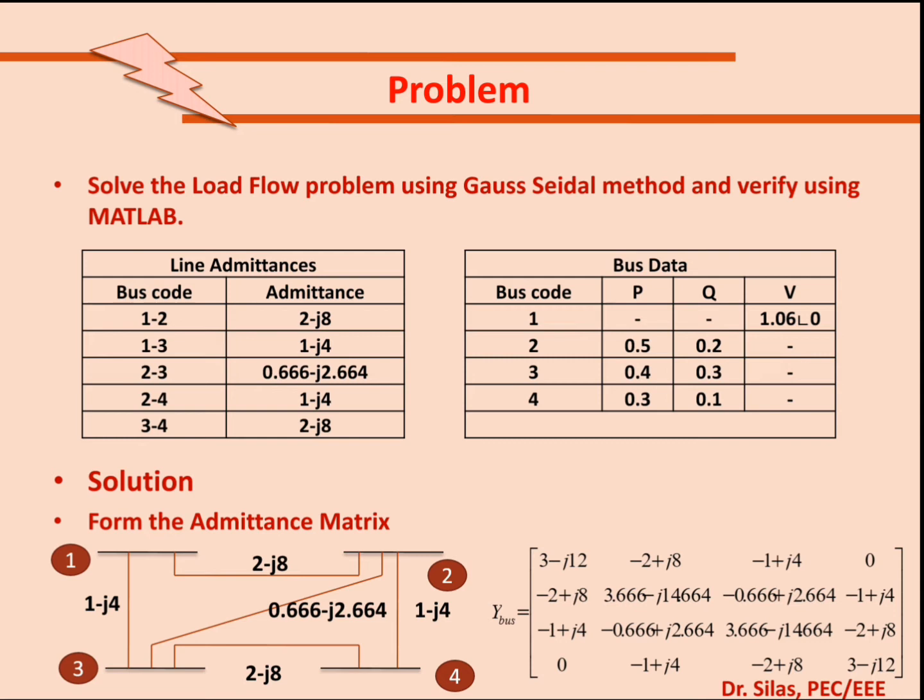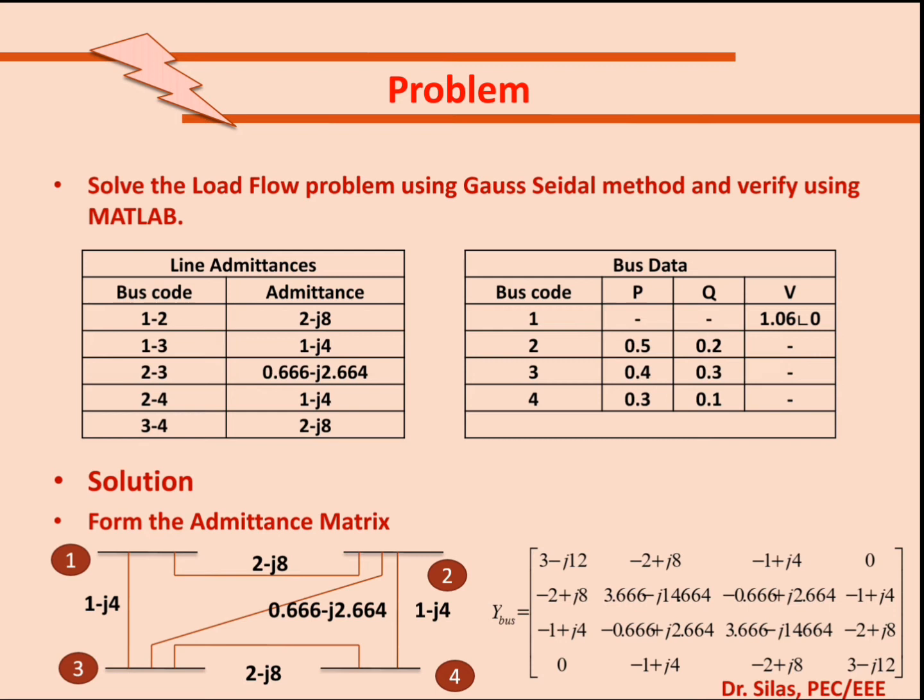When you consider the diagonal elements, they are obtained by adding the elements connected to a particular bus. For example, y11 is the summation of 1 minus j4 and 2 minus j8. Similarly, all the diagonal elements are formed by adding the elements connected to that bus.